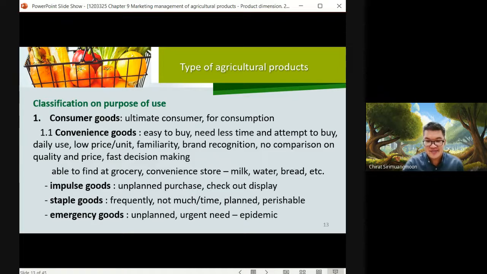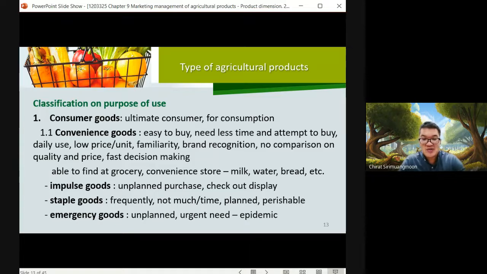You don't use a lot of effort. It's planned, and also perishable. This is staple food. For me, I remind myself that you need to have milk every day, you need to have water. So these are staple goods.